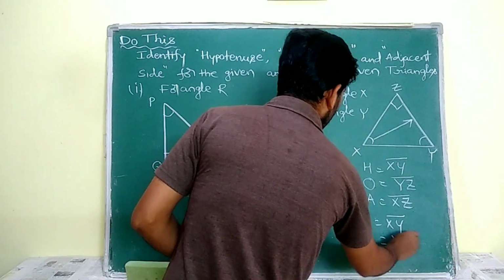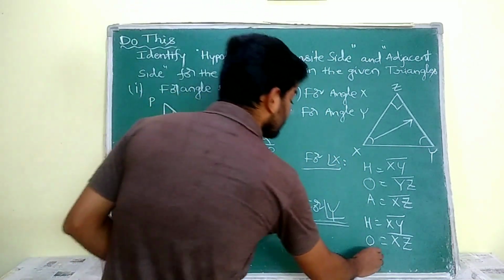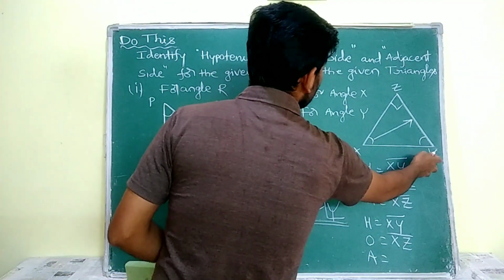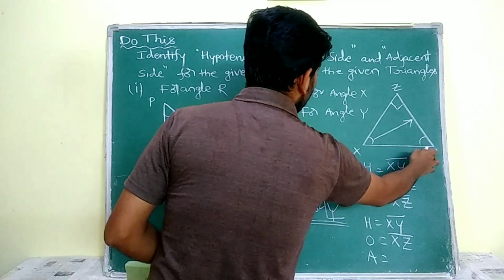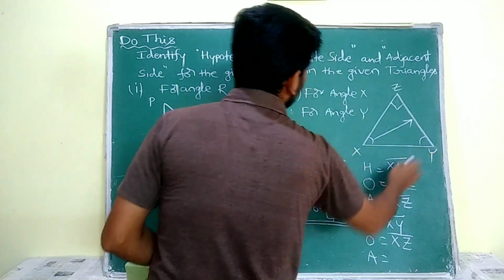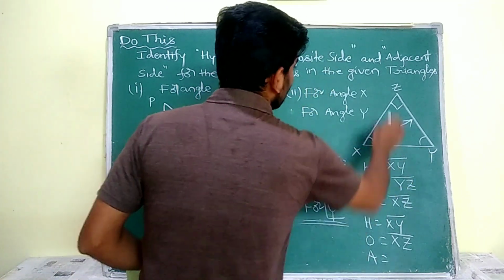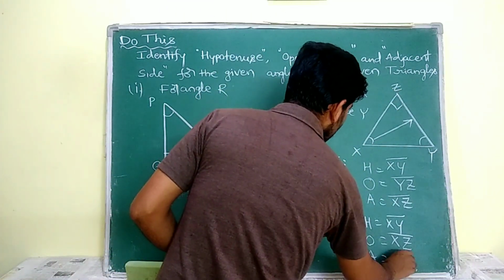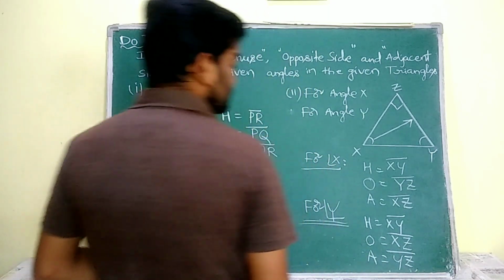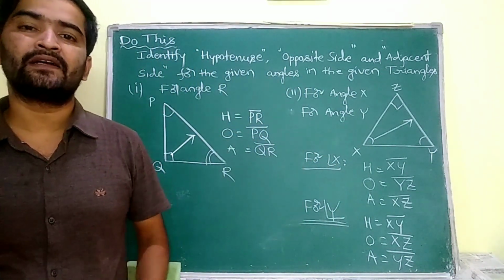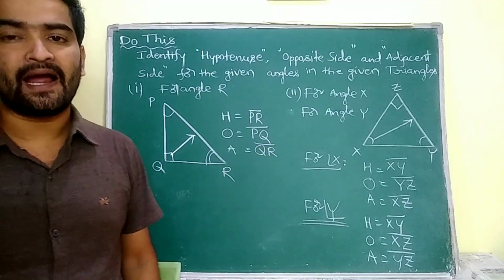Now the adjacent side to Y is YZ. Why? Because it may be this or this that are the adjacent sides, and we know that the hypotenuse never can be the adjacent side. Then YZ is the adjacent side. So these are the hypotenuse, opposite side and adjacent side to the given respective angles.